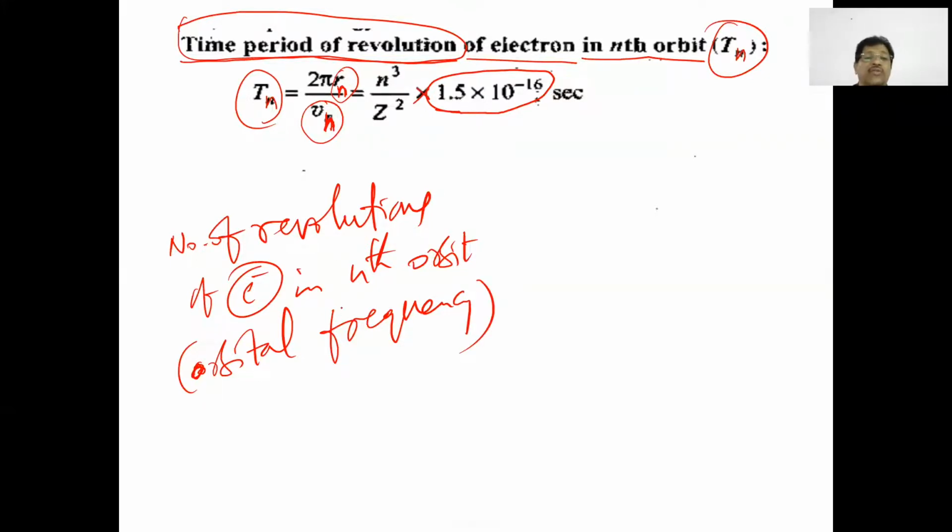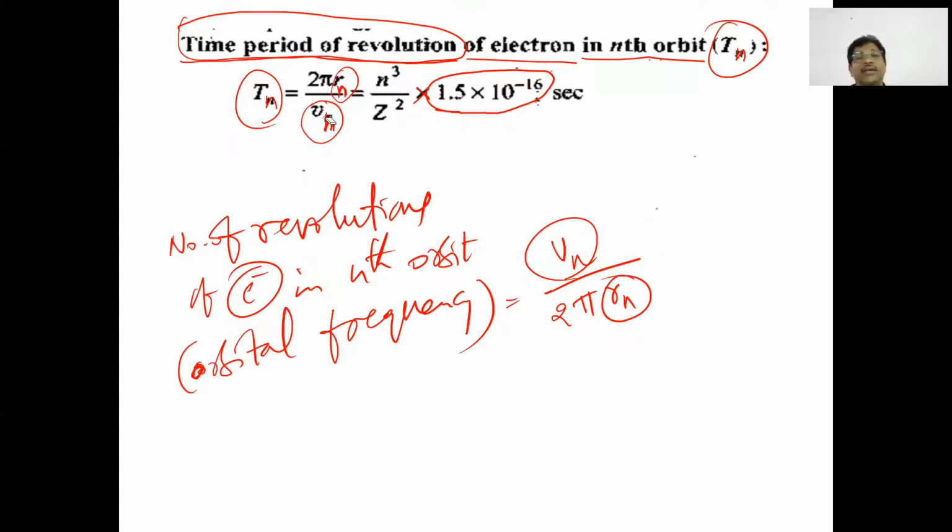The number of revolutions made by the electron in the nth orbit is the velocity of the electron in the nth orbit by the circumference. The inverse of this formula will be the time period of revolution.